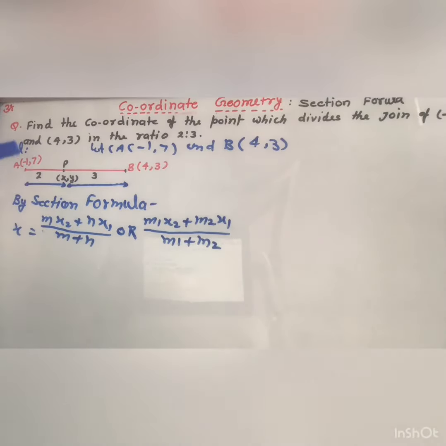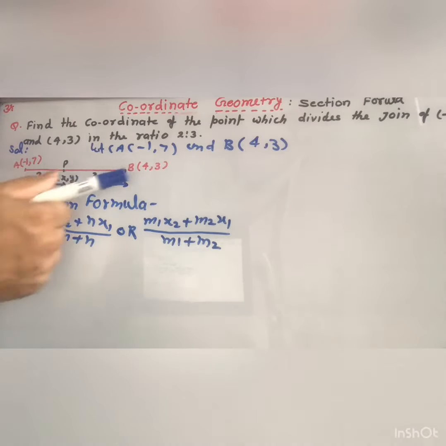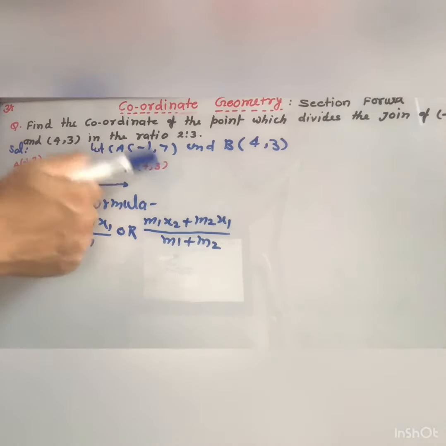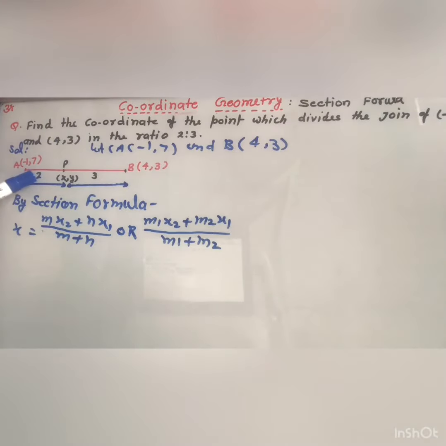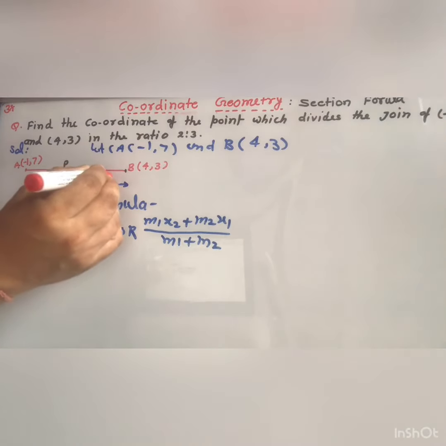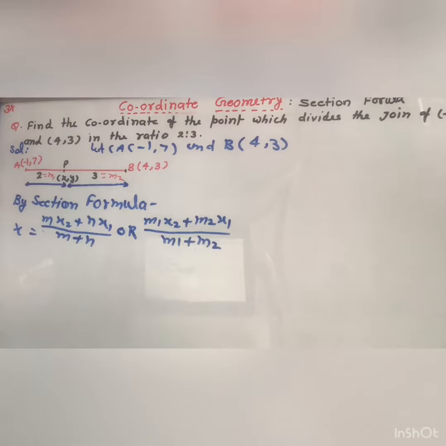So you will take x1 as -1, y1 as 7, x2 as 4 and y2 as 3, and for m1 and m2, you will take 2 as m1, otherwise m, and 3 as m2, otherwise n.